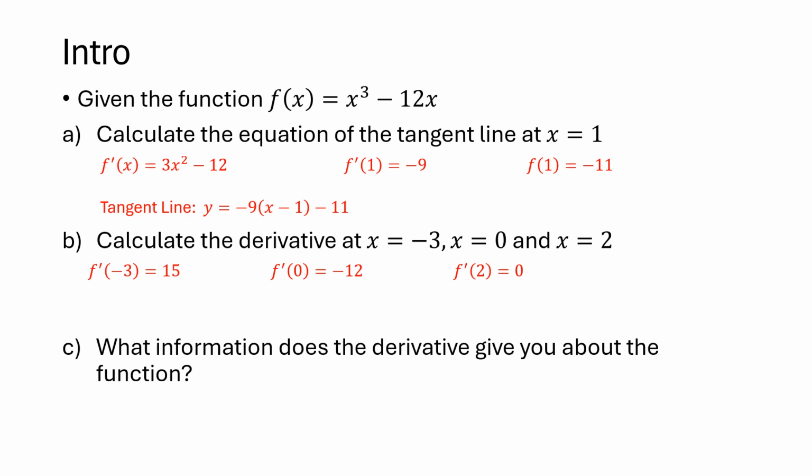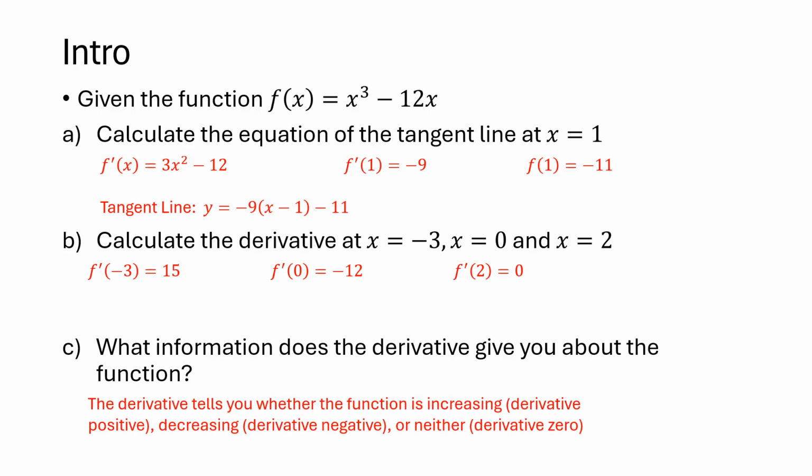Now, when considering the information this gives about the function, remember that not only is the derivative the slope of the tangent line, but also the derivative tells you whether the function is increasing, decreasing, or in transition. And so, for part C of the intro, that is what I'm looking for.